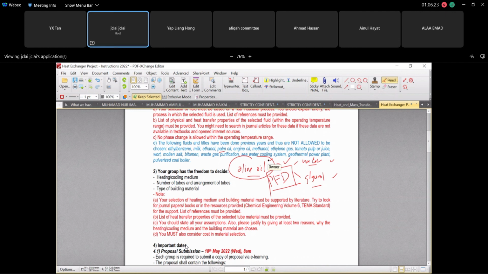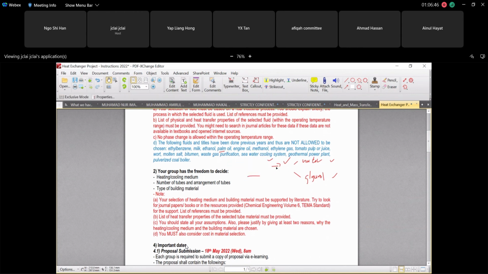Any other question? Doctor, in the instruction, you did say that there is a sample or what? I think it refers to the example. Which point?